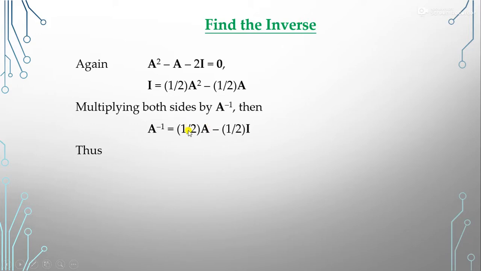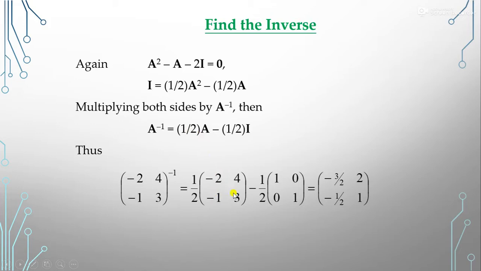So when we solve this expression, we get our A inverse. Just do 1 upon 2 of the A matrix minus the identity matrix. When we subtract this matrix from this matrix, we get this matrix, and this is the inverse of our given matrix A. Easy? So easily we can find the A inverse by the Cayley-Hamilton theorem.